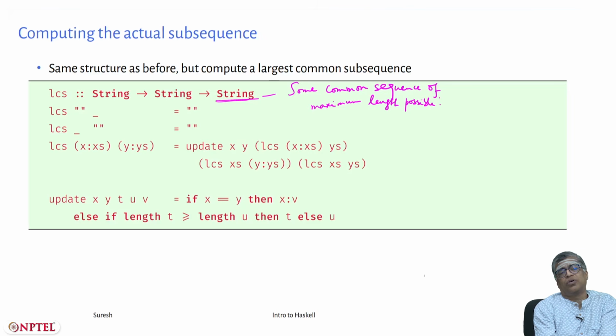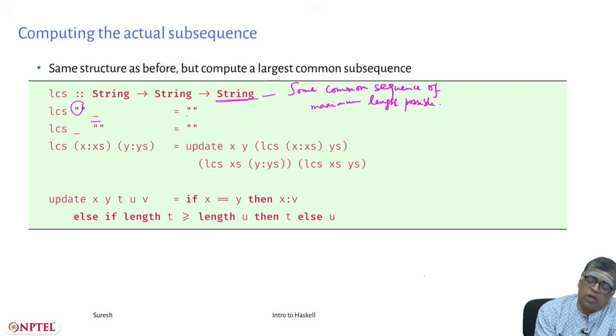So, if I have the empty string and anything else, the longest common subsequence is the empty string. If I have anything and the empty string, the longest common subsequence is again the empty string. If I have x colon xs and y colon ys, then again it's the same structure: update x y, LCS x colon xs ys, LCS xs y colon ys, and LCS xs ys.